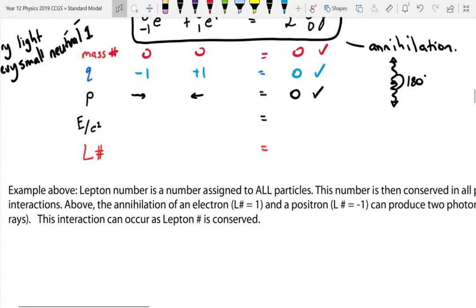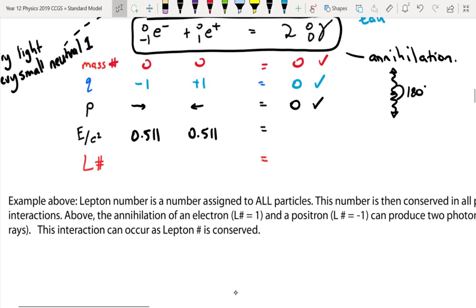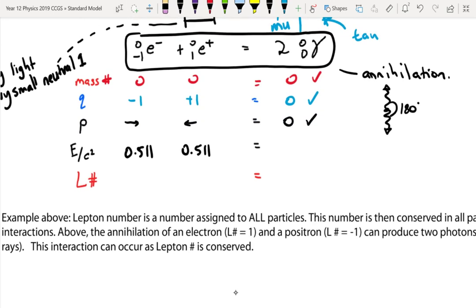Next, your mass energy equivalence must be conserved. So if I've got a 0.511 MeV on c squared there, and a positron is also 0.511 MeV on c squared, we must produce two gamma rays, each with energy of 0.51 MeV on c squared. And sure enough, we do.